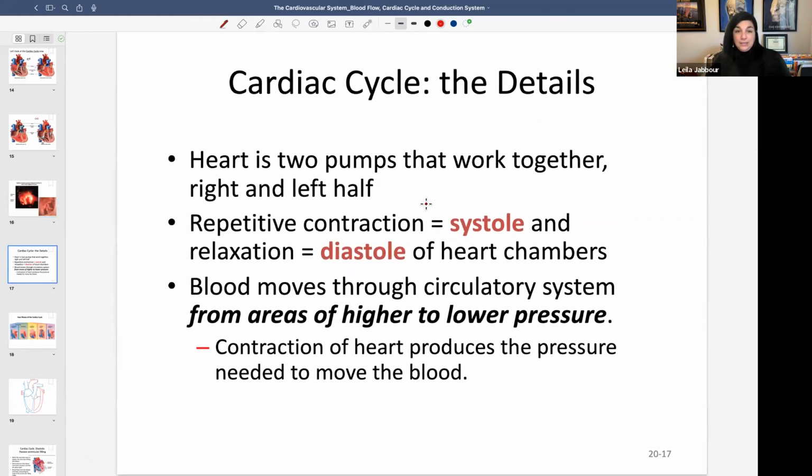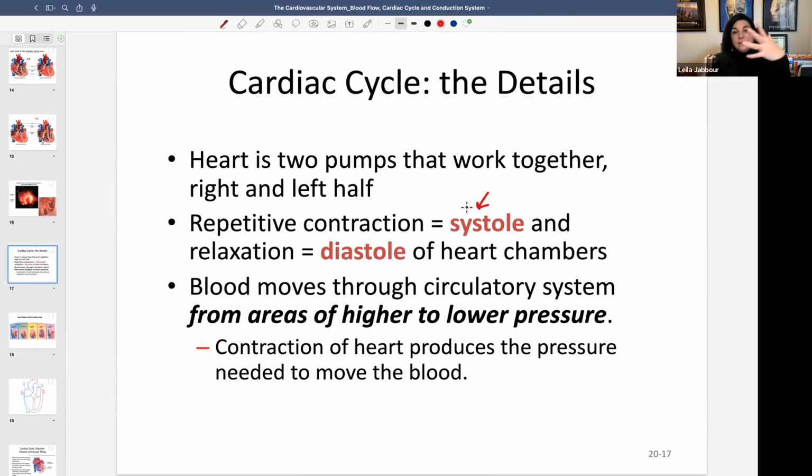So as I was describing all this, I didn't introduce the terms systole and diastole yet. Those terms refer to the process of contraction or relaxation of that cardiac muscle. So when the heart is pumping, when it pumps, we call this a systole, because there's contraction of the muscle.